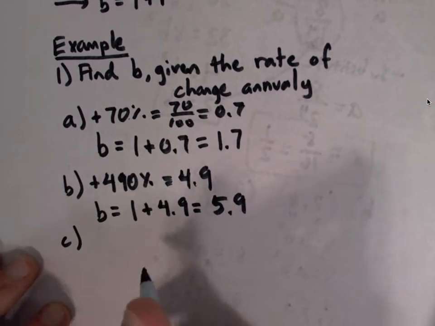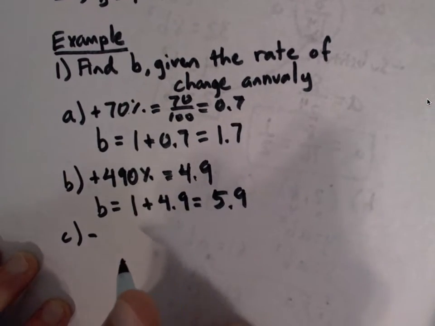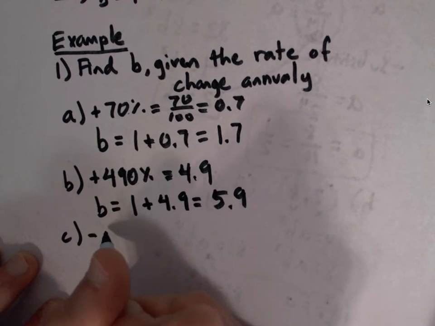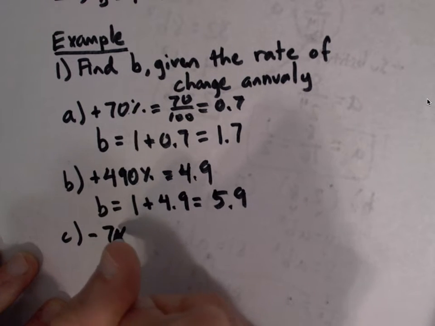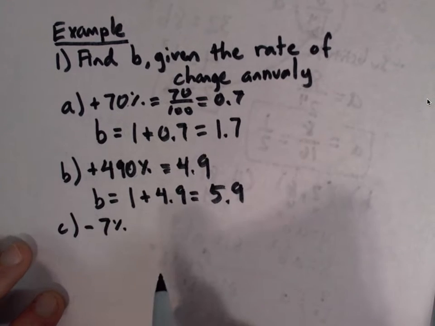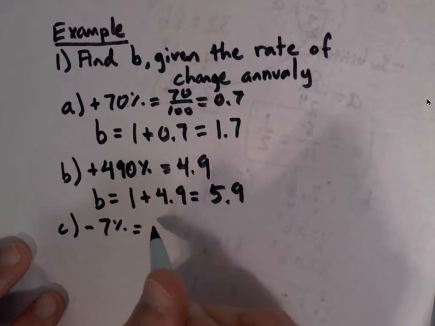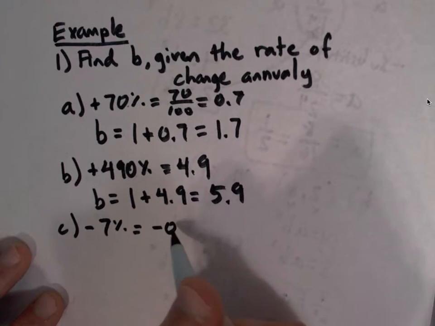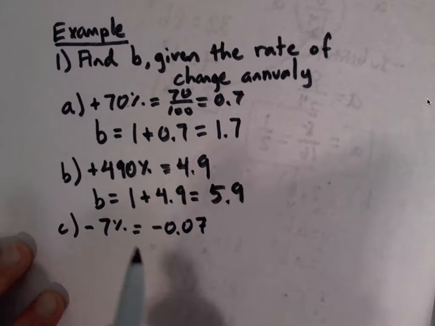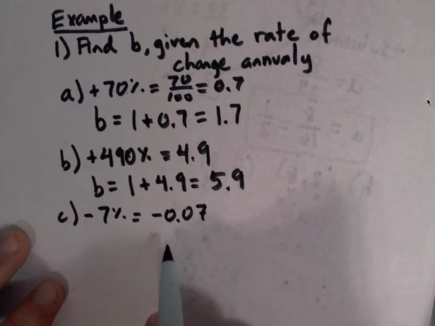Let's say we have something where it's going to go down. Let's say something is decreasing by 7% instead of 70%. This time our decimal is going to be negative 0.07. Move it twice to fill in the 0 right there.